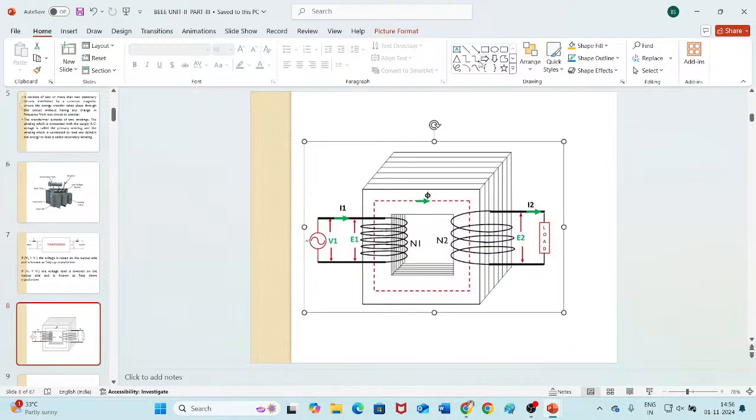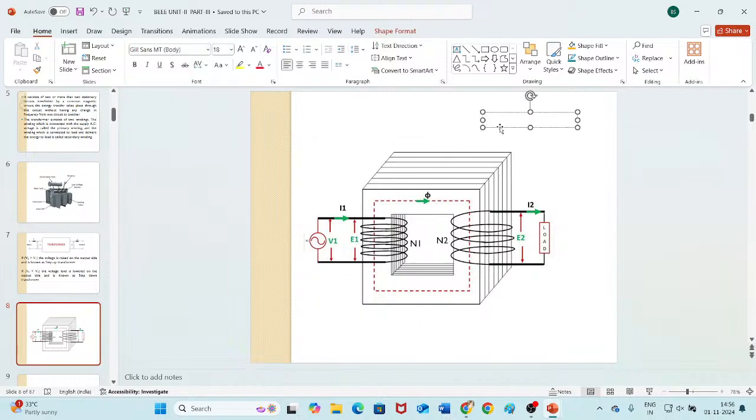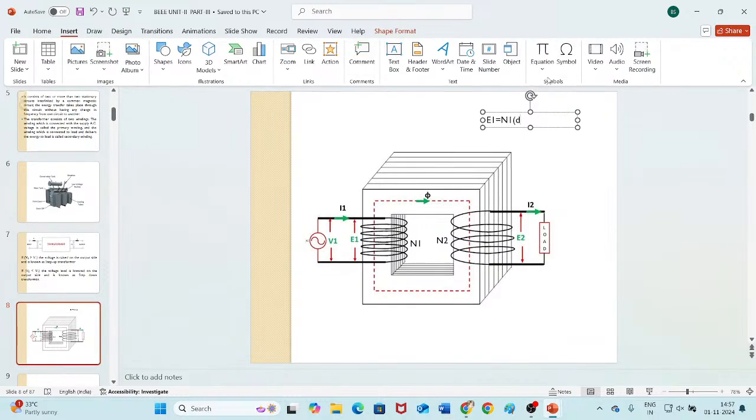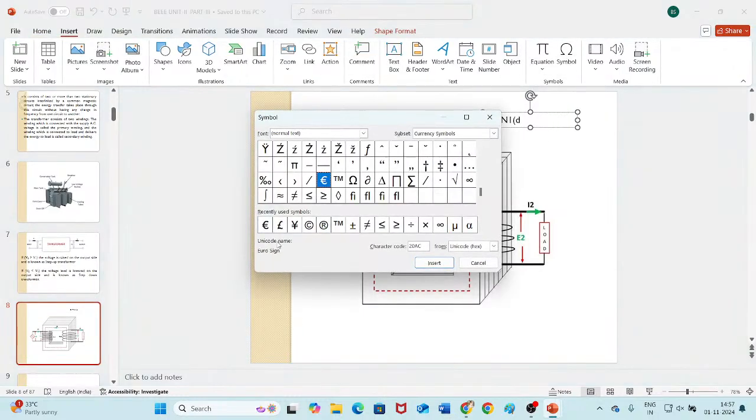Then the induced voltage E1 is given by E1 equal to N1 into d phi by dt, where phi means flux.